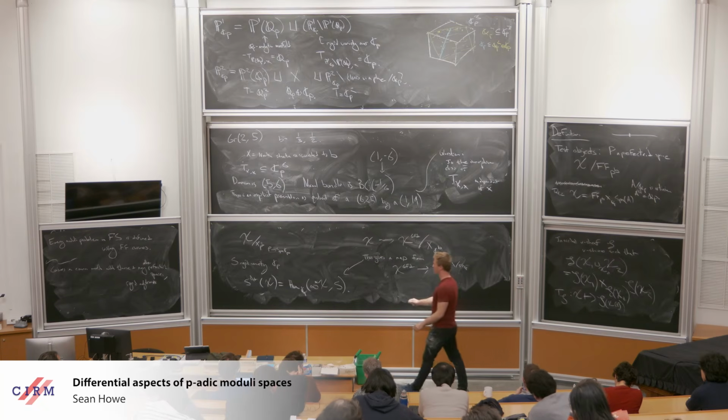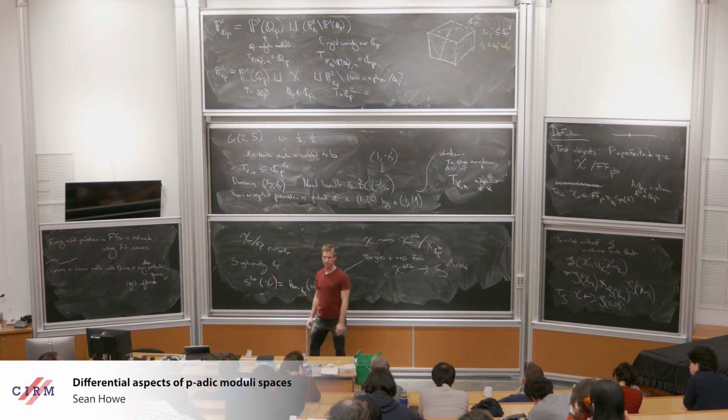It's just to accommodate something like having a rigid variety over C_p. You need this.